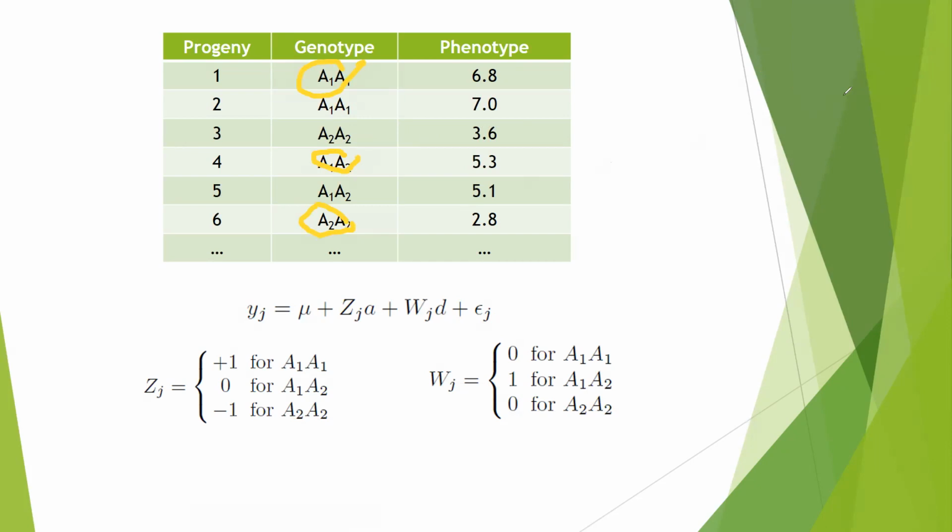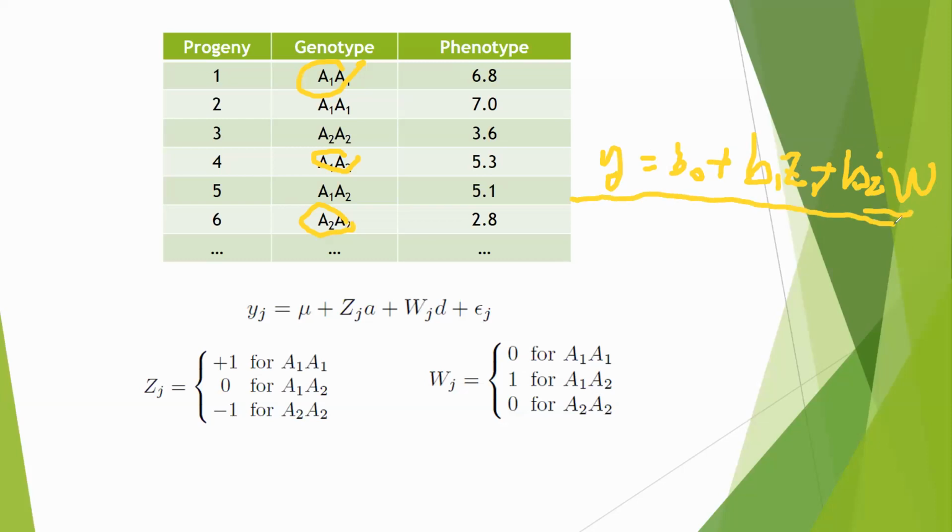If we already knew the genotype at this locus for each individual in this population, then that's easy. We can use the famous linear model, right? X equals B0 plus B1 times Z, where the Z variable is the additive, and B2 times the W variable, the W genotype, which indicates the dominance effects.